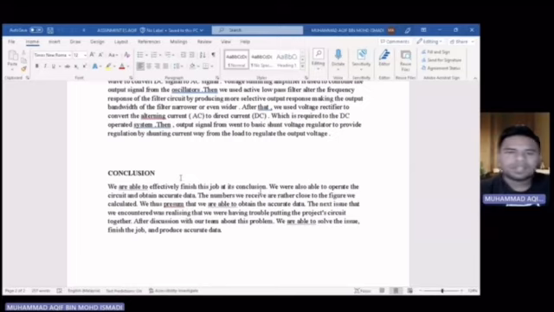The main issue that we encountered was realizing that we were having trouble putting the project circuit together. After discussion with our team about this, we were able to solve the issue and finish the job and produce accurate data. Okay, that's all from me.